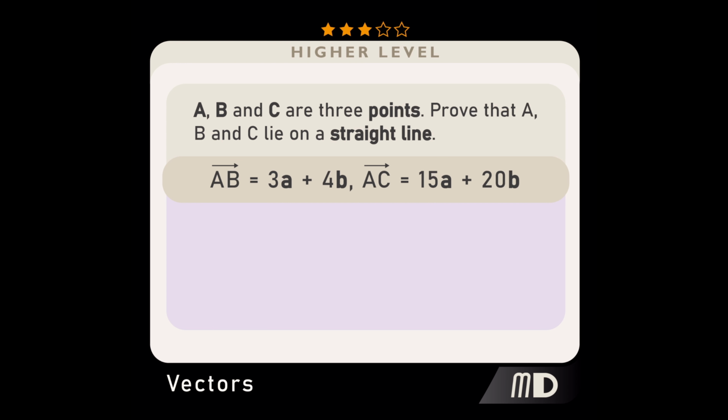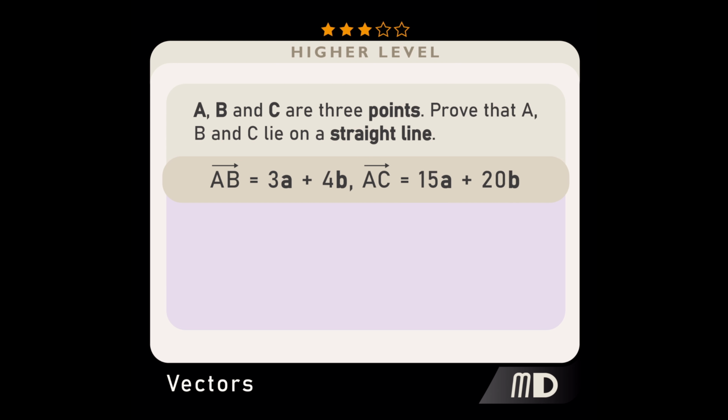3 points, A, B, and C, are collinear if the displacement vectors AB and AC are parallel. In other words, the direction from A to B and from A to C lie along the same line.